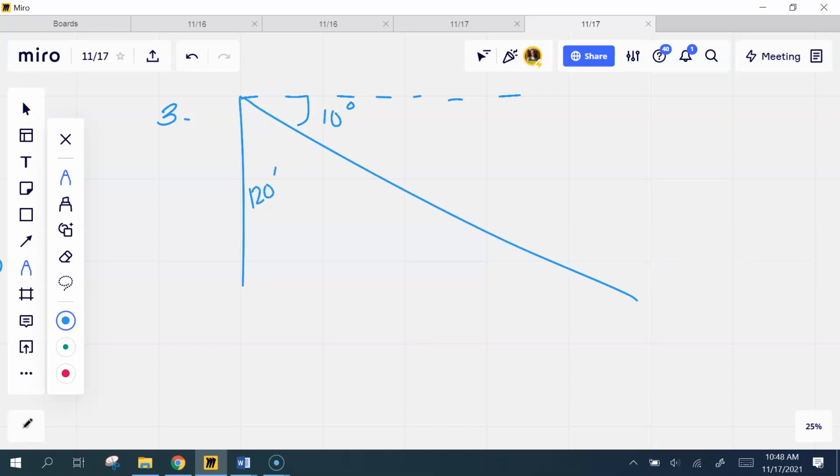This says the angle of depression from the top of Smoketown Lighthouse, 120 feet above the surface of the water, to a buoy is 10 degrees. How far is the buoy from the lighthouse? There's your picture.